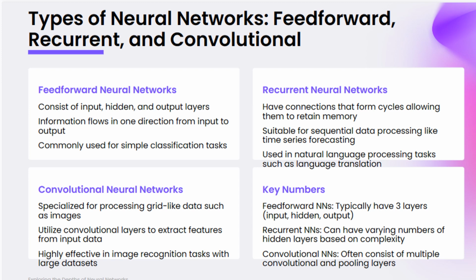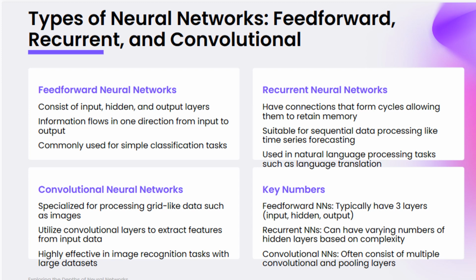Okay, now I'm going to talk about key numbers. What I'm going to discuss in key numbers are the layers in the neural networks. First, feed-forward neural networks typically have three layers: input, hidden, and output.